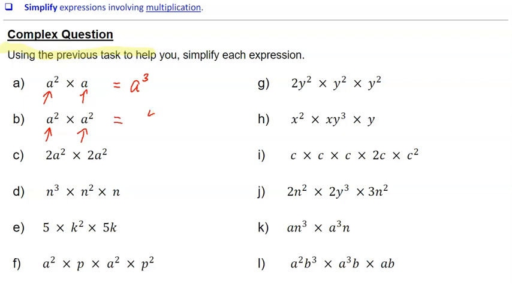But if you can't, the trick is to expand, because that is also A times A times A times A. Hence, base A index 4.